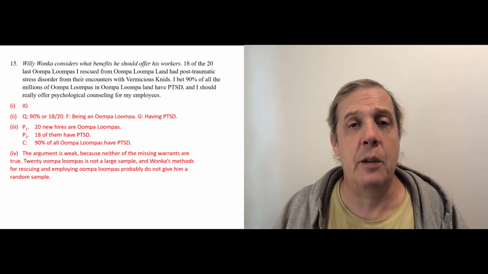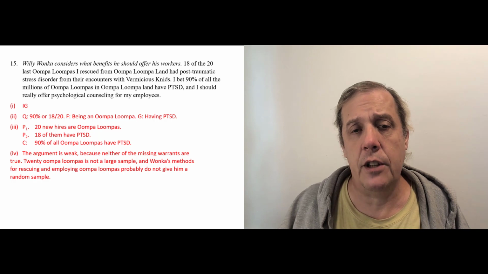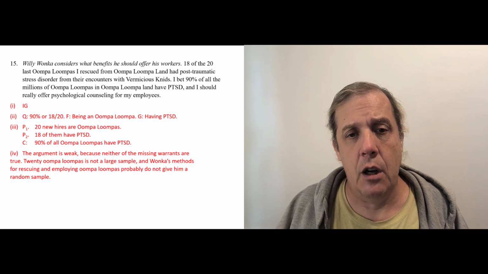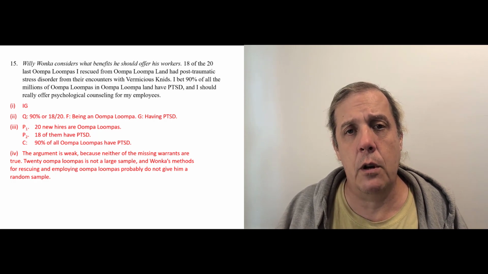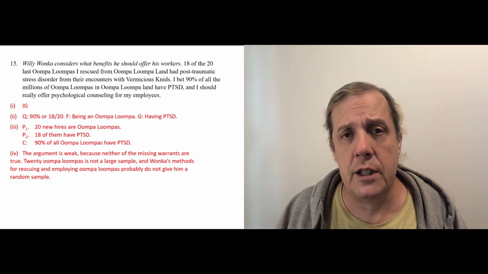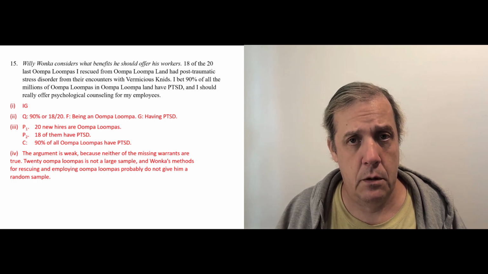So I know this is a made-up example about a children's book, but it should be clear that the argument is weak. The basic questions we're supposed to ask here is whether the sample is large and whether the sample is representative. We know a sample of 20 for a population of millions is not large enough.